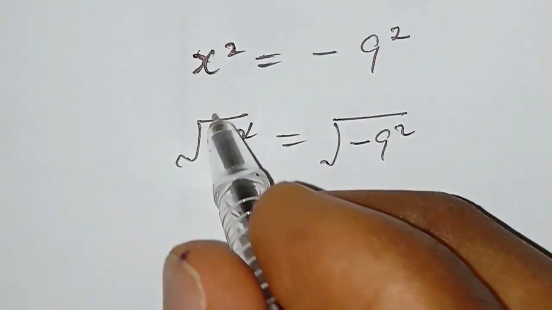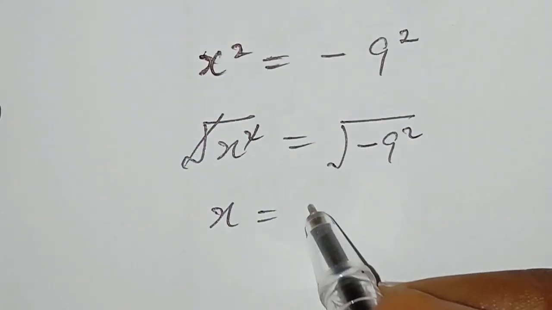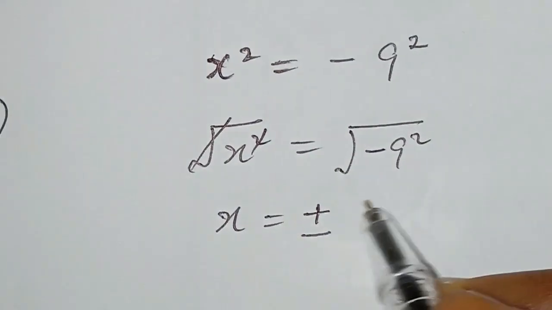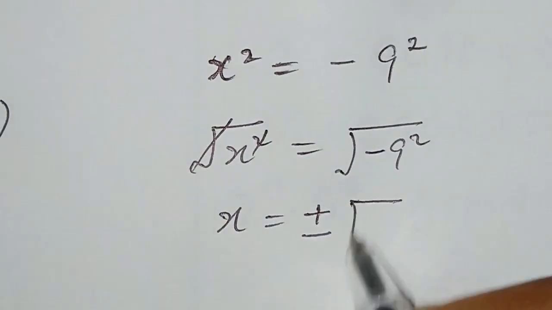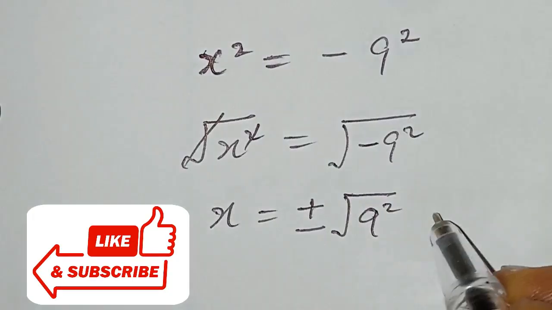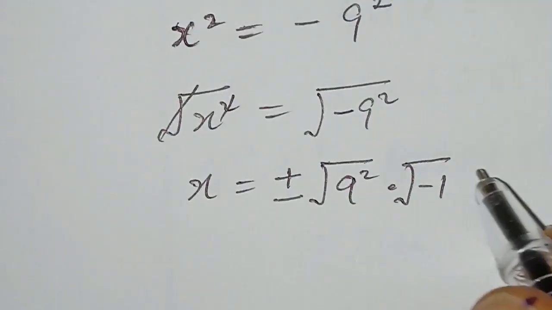Here, this square cancels out with this square root. We have x equal to plus or minus the square root of minus 81. So this can be expressed as the square root of 9 squared multiplied by the square root of minus 1.